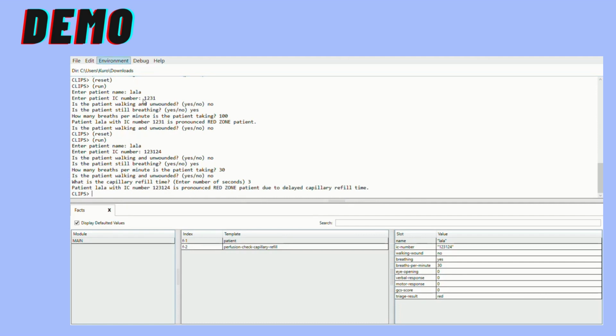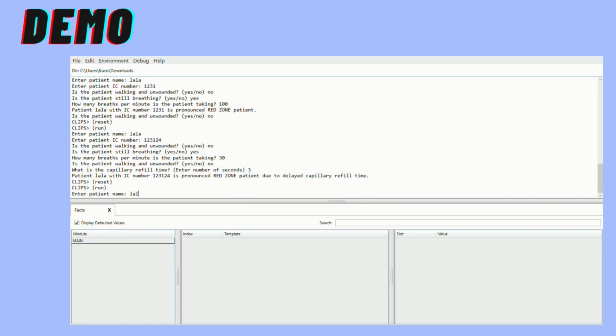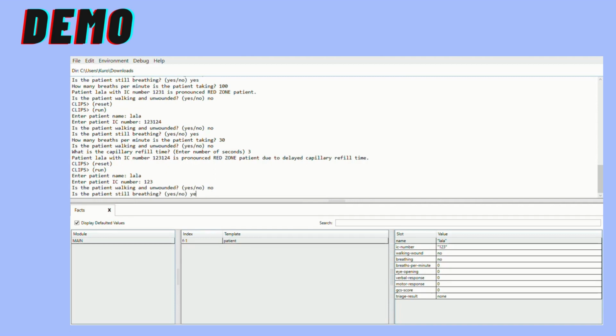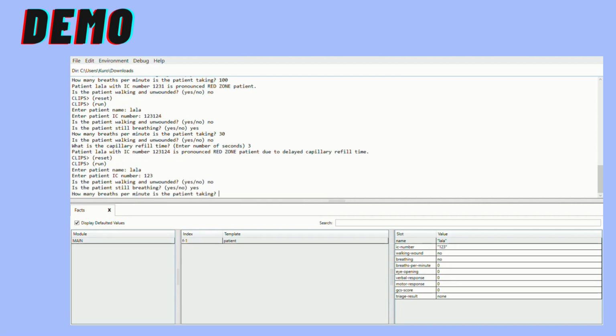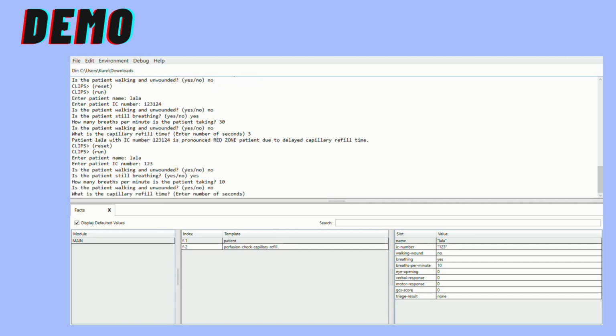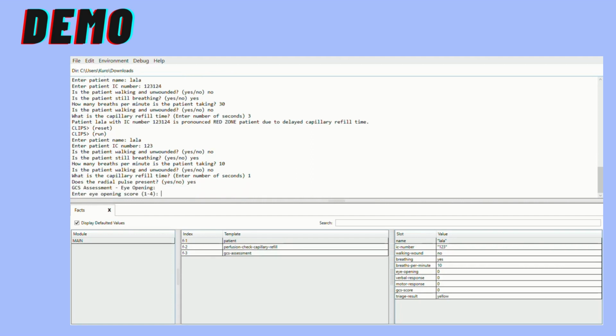This time, yes. So we try the Glasgow scoring.